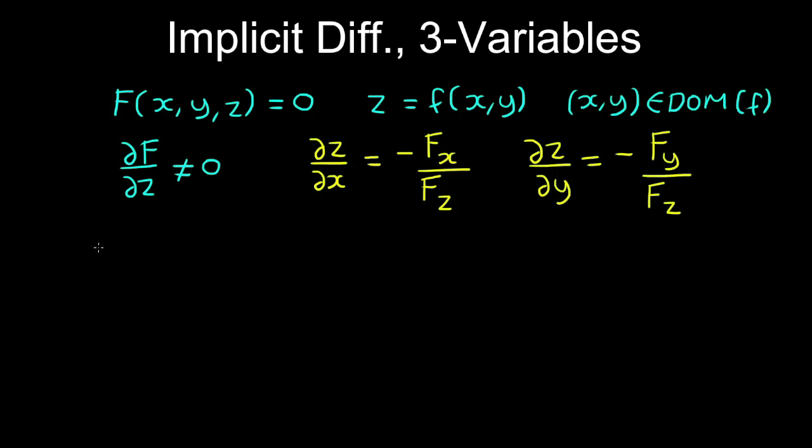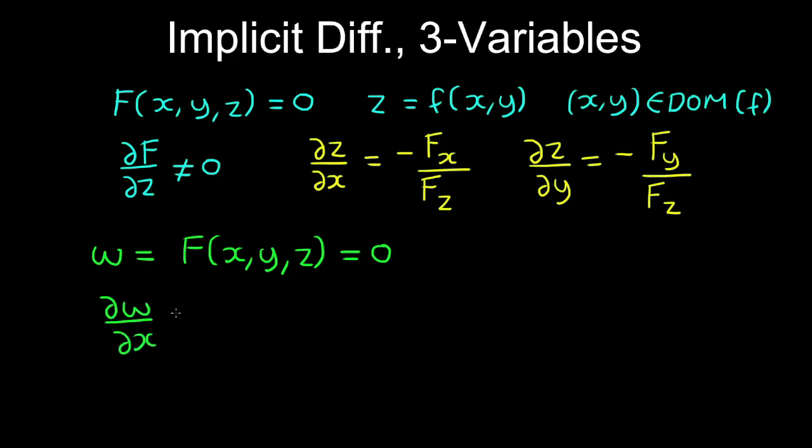So for example, if we set w is equal to f of x, y, and z, where z is a function of x and y, and w is equal to 0, then taking the partial derivative of w with respect to x, we can apply the chain rule.